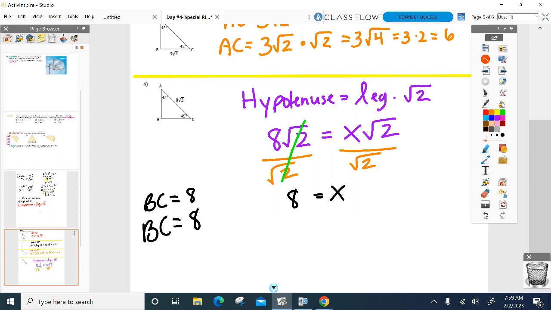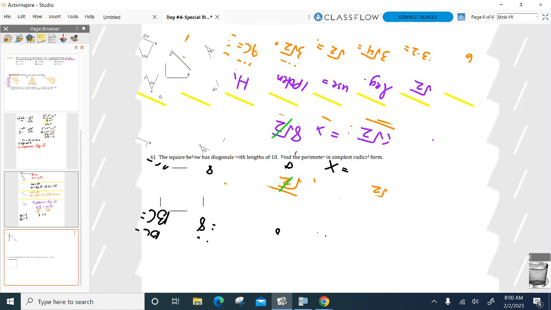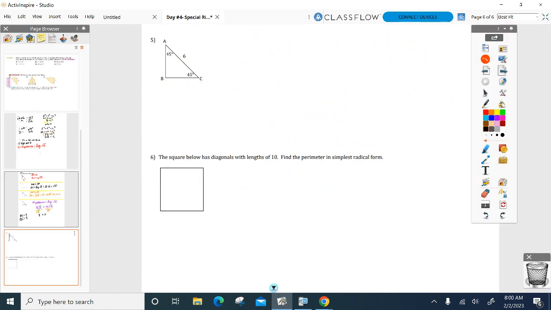Going to get a little tougher. How's everyone feel about this one? We okay? We sure? Just use the rule. That's all I'm asking. Use the rule. Hypotenuse equals leg radical 2. That's all I'm asking for. Ooh, now we get serious.